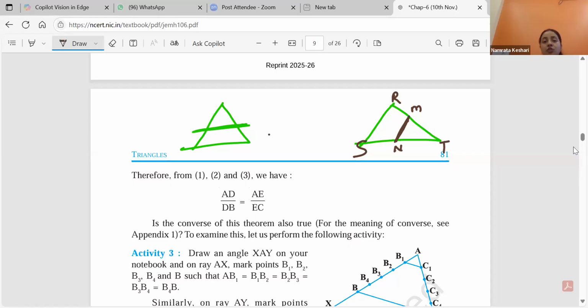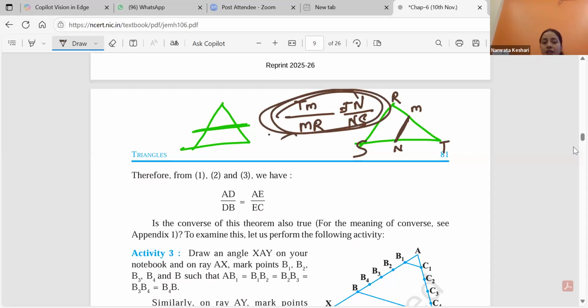Such that the ratio is the same. In your question it is given that the ratio is the same, or you are realizing that the ratio is the same. Which ratio? You are finding that TM by MR is equal to TN by NS. If this is happening, then you have to say that of course MN and RS are parallel lines.